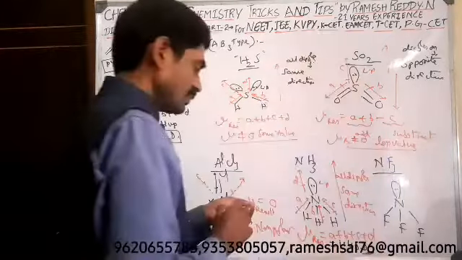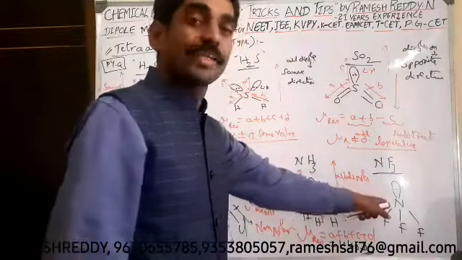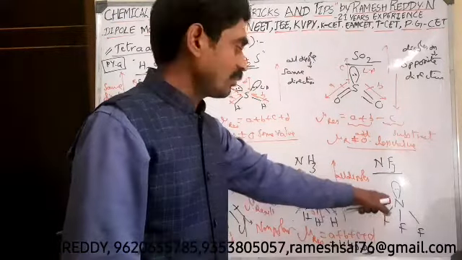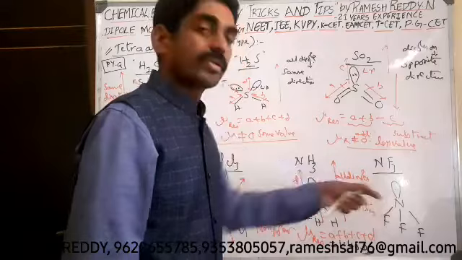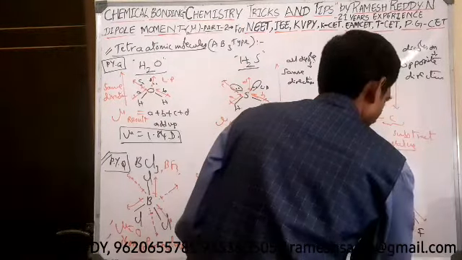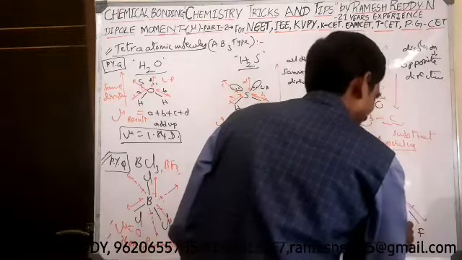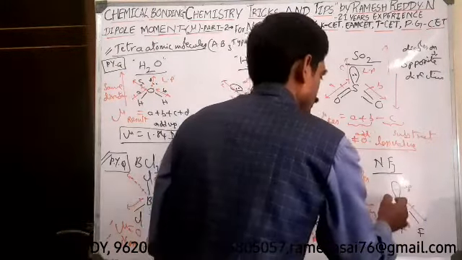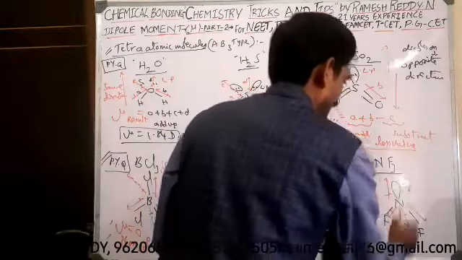Compared to nitrogen, fluorine is more electronegative. So the bond dipole moment is toward the fluorine atom, from nitrogen to fluorine. And the lone pair is there, so it is more charged.